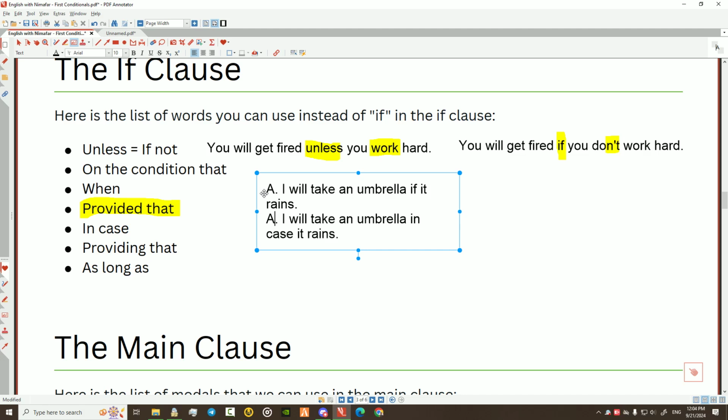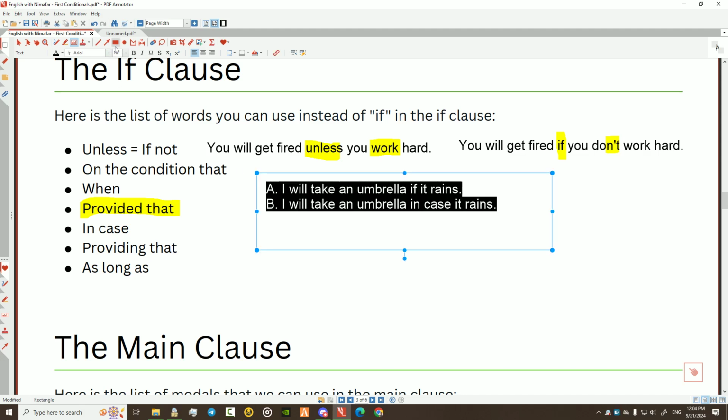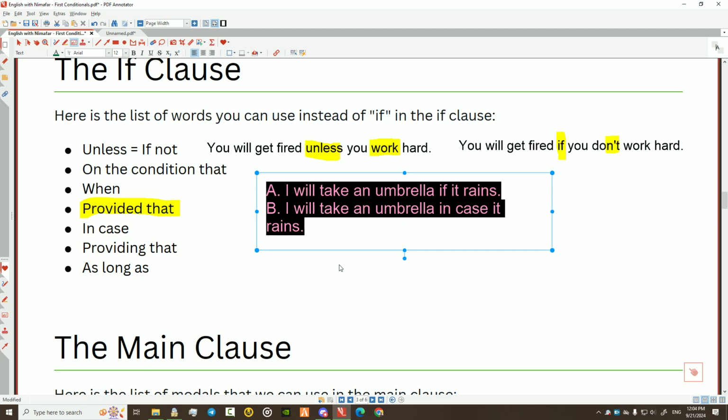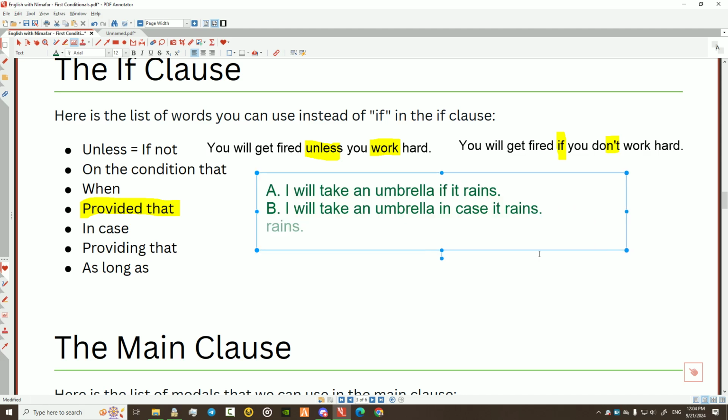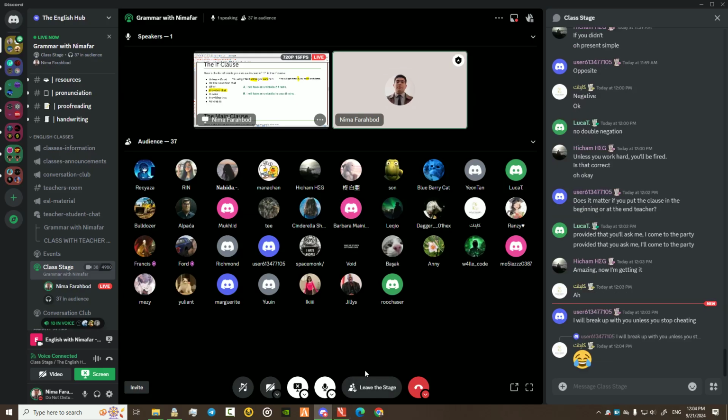So guys, A, B. What's the difference between A and B? I will take an umbrella if it rains. I will take an umbrella in case it rains. Let me know.